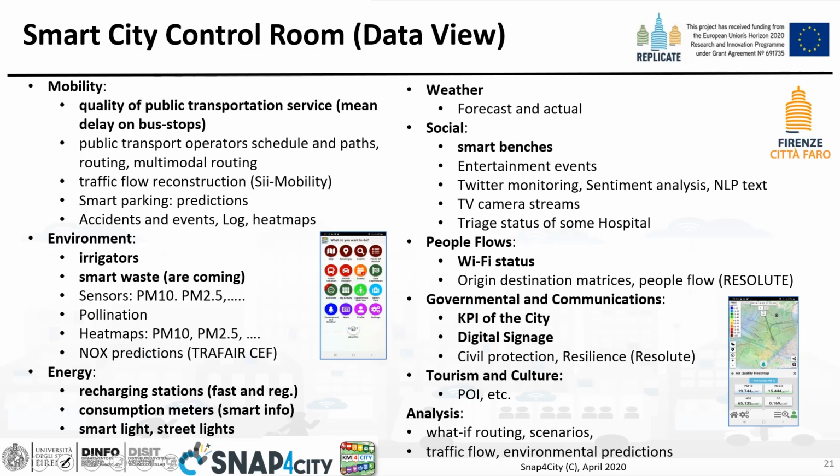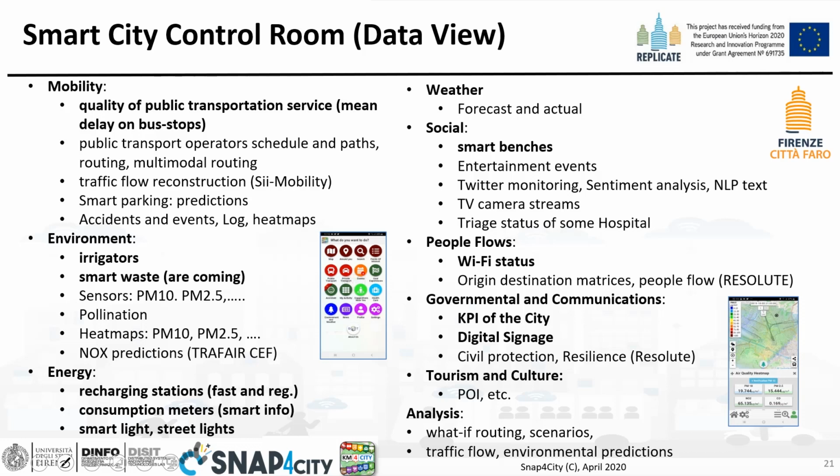We also compute NOx prediction from traffic for predicting the pollutant. We have also data regarding recharging stations, consumption of meters, smart lights, street lights, weather forecast and actual meteo data, social information coming from the smart benches in the city, entertainment events.